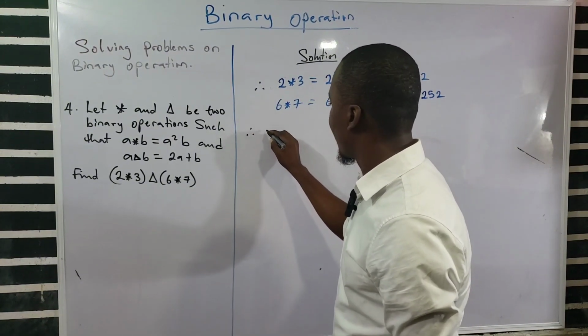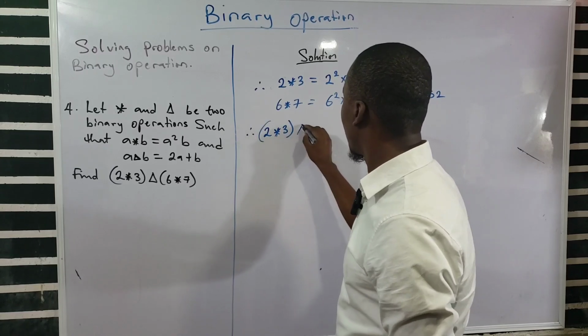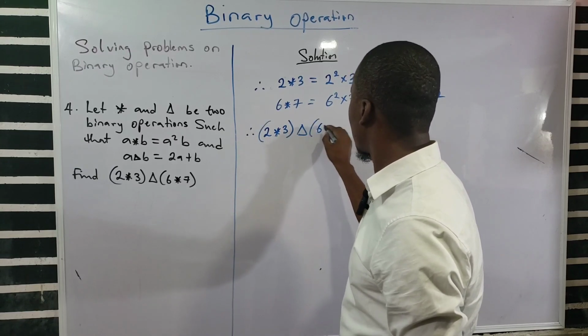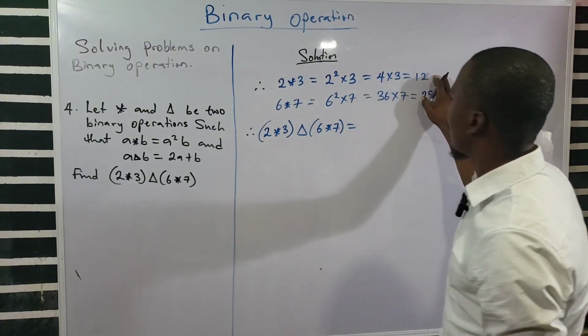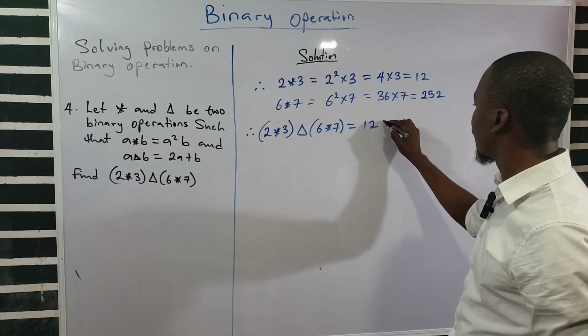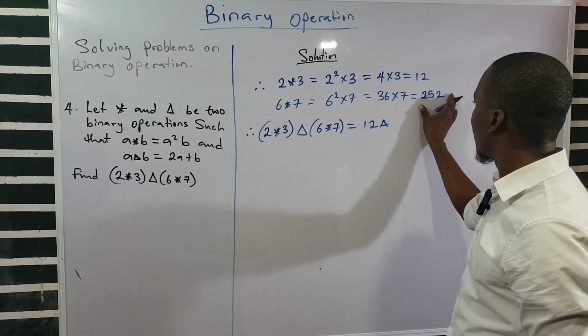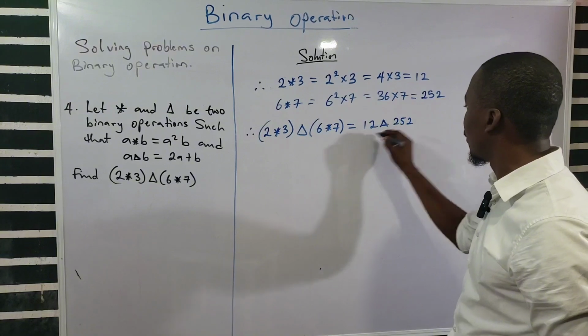Therefore, (2 * 3) ◇ (6 * 7) will give us, 2 * 3 is 12, and 6 * 7 is 252.